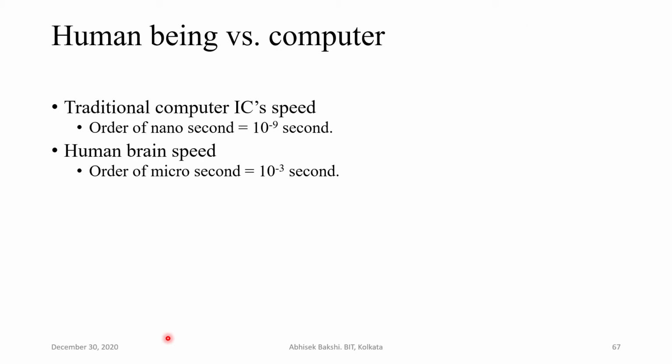But if you check the speed of a traditional IC against the human brain, we will see that the traditional IC is much faster than us, because we all know that computers operate in nanoseconds, or maybe less than that, picoseconds, and human brain speed is in microseconds, not more than that.